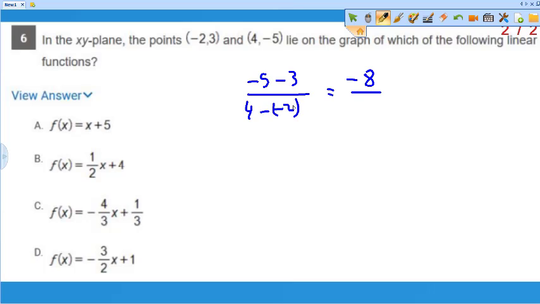It makes -8 over 6. It's not simplified. Divide 2 up, divide 2 down. It means -4 over 3. Yes, it's obvious, which is C.